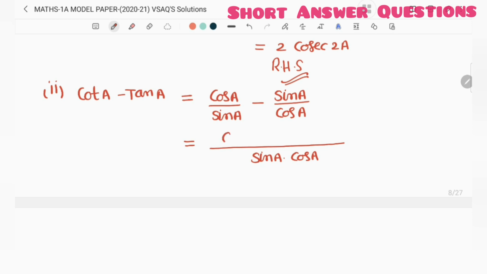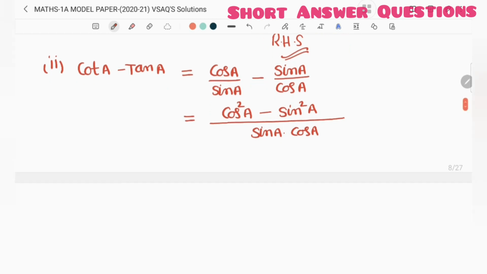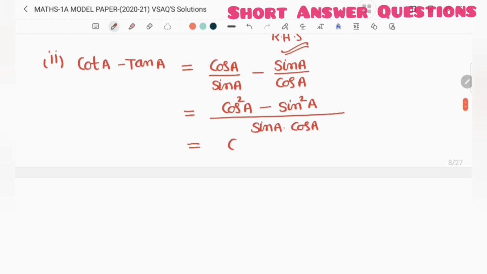So cos square A minus, cos A cancels, sin square A. We know that cos square A minus sin square A is equal to cos 2A. Cos 2A divided by sin A into cos A.